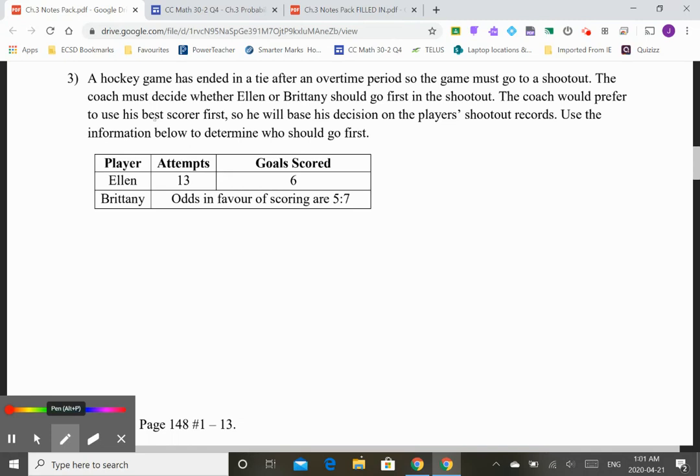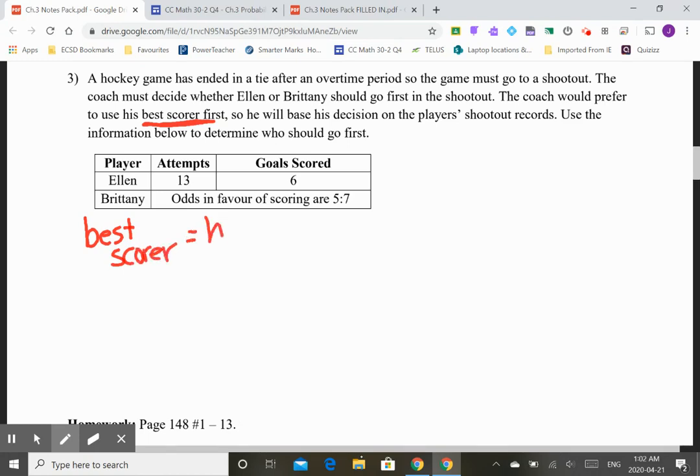The first thing we need to do is decide who is the best scorer. What does that mean? We're going to define that first. The person who is the best scorer is the person who has the highest probability of scoring.